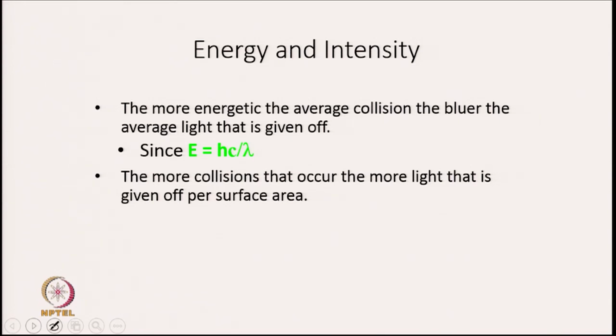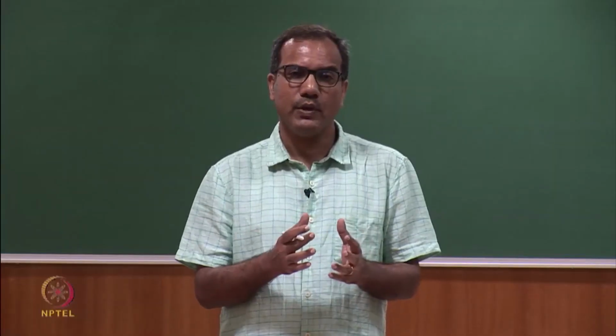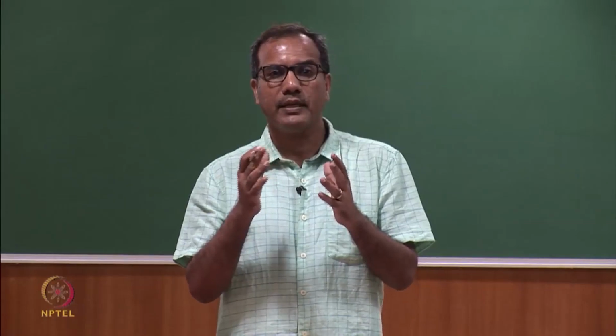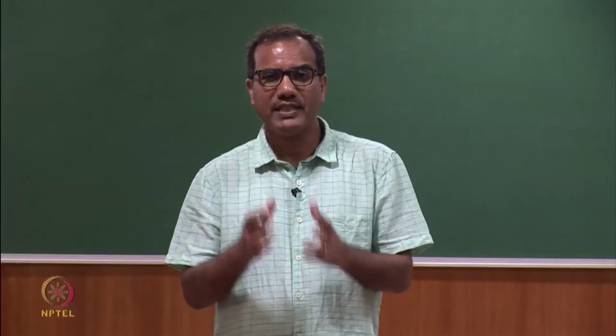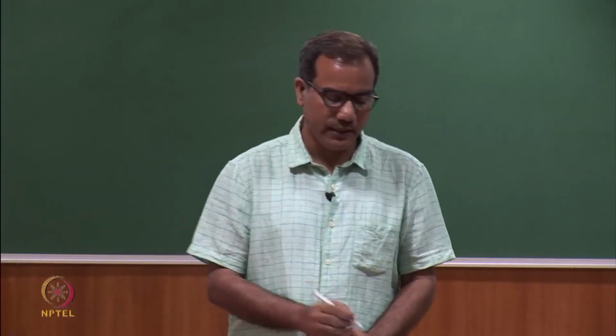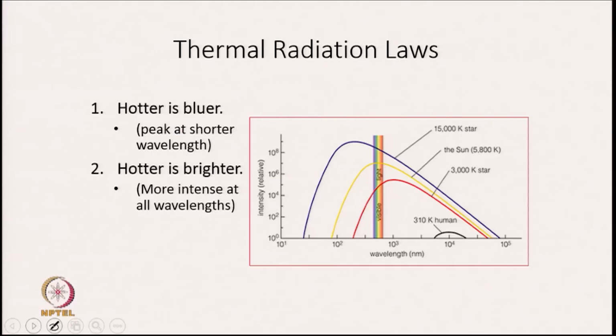The more collisions that occur, the more light is given off per surface area. So this explains why with an increase in temperature, both frequency and intensity of the emitted light increase. So, two things: hotter is bluer and hotter is brighter. These are the observed phenomena from black body radiation.